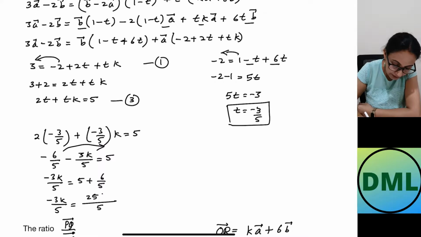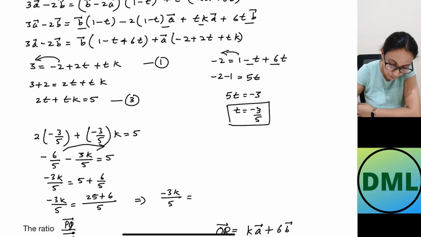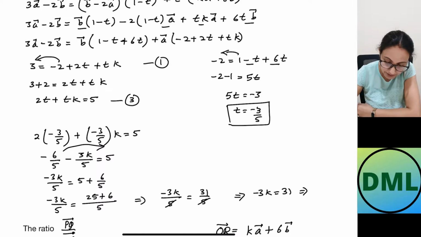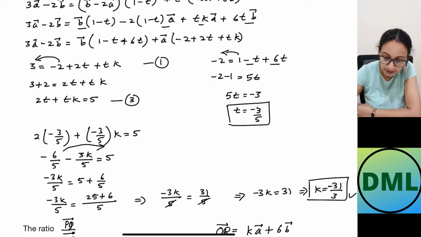You will get 25 plus 6, so minus 3K over 5 is equal to 31 over 5. Now 5 will be cancelled and you get minus 3K is equal to 31, which gives K is equal to minus 31 over 3. This is the value of K.